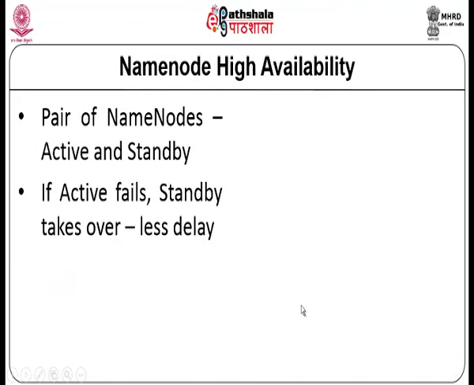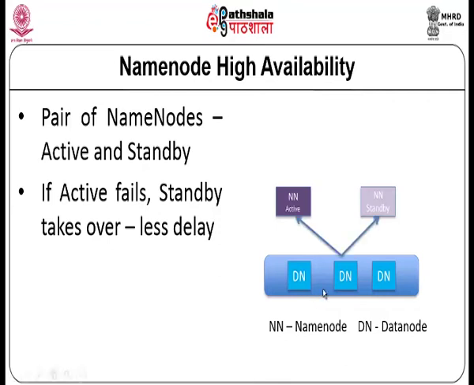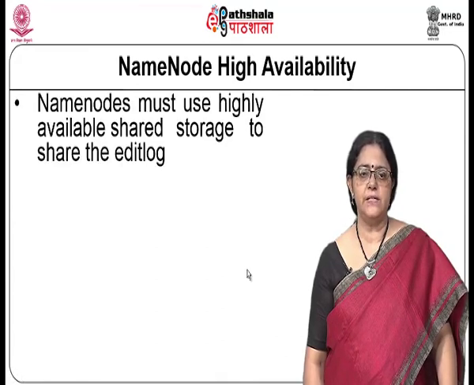The high availability is where we have an active and a standby name node. So, there are two name nodes, and the data nodes, as usual there are multiple data nodes, and when the data node reports the block level information, it reports to both the name nodes. The primary, active name node will create the edits and FS image, and the standby name node will use that to ensure that it is always available.